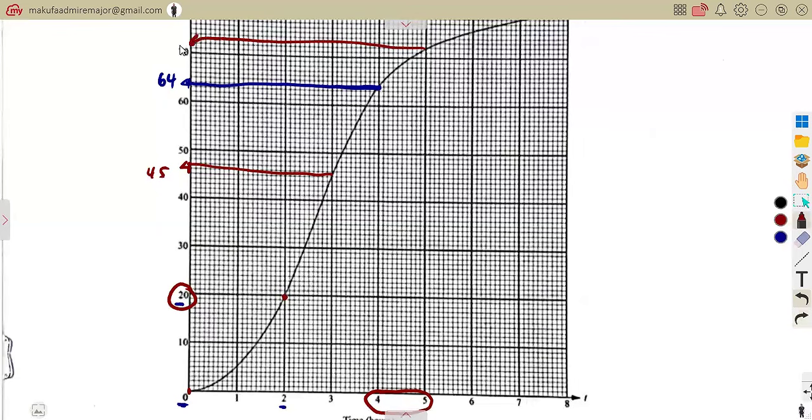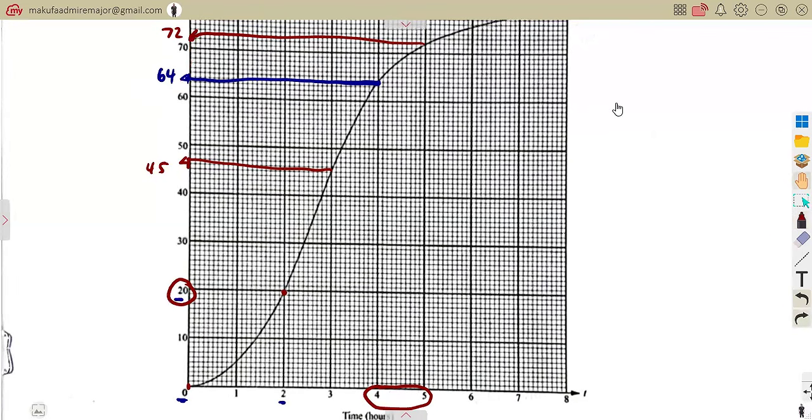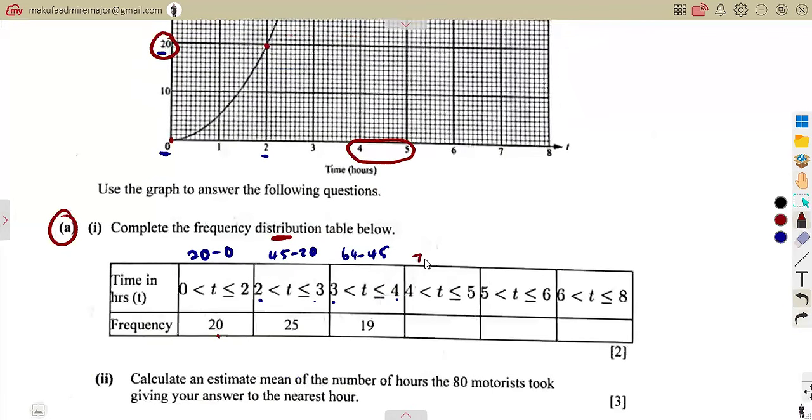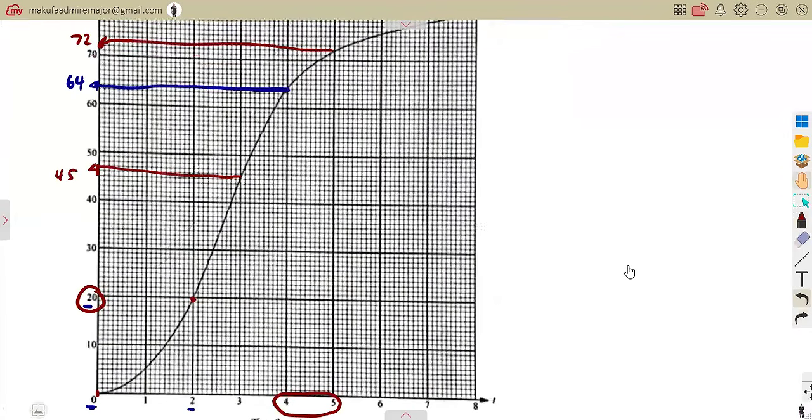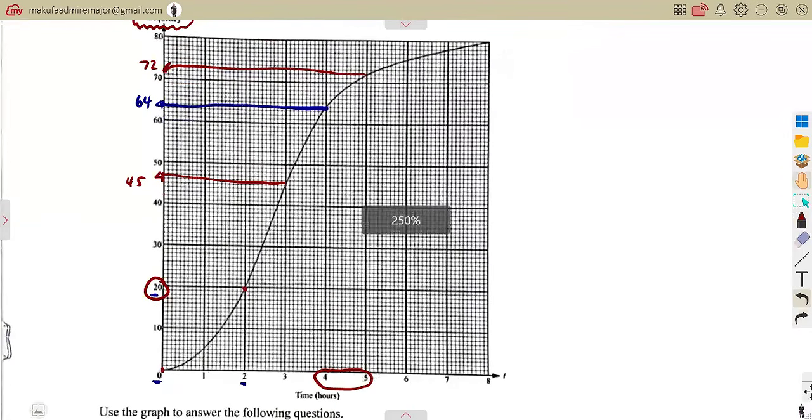So guys, you just take this properly on your graph. It was corresponding at 72. So the difference between this 4 and 5 is the difference between 72 and 64. So that will be 72 minus 64, which is 8. Between 5 and 6, you consider these 2 points, 5 and 6.